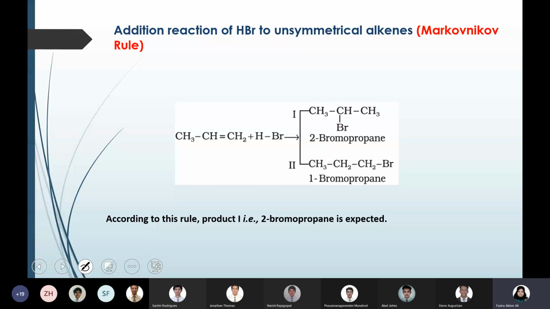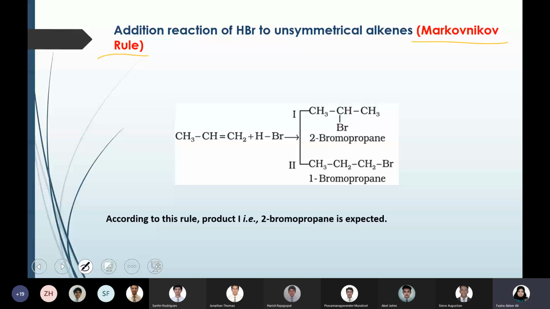Mostly one product will be dominating, which we call the major product, and that is the only thing you need to write in the exam. There are some cases where you will get 5 or 6 different products, but you will just write what is important in the reaction. Similarly, among these two, one product is major, and that can be found out using Markovnikov's rule.